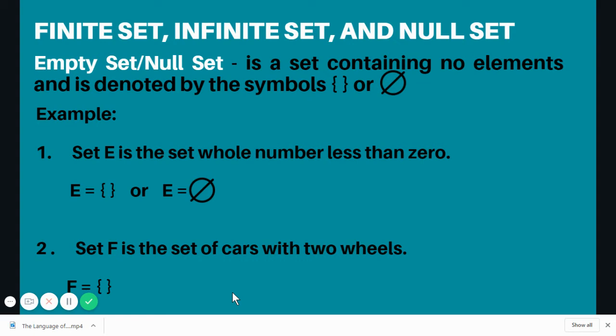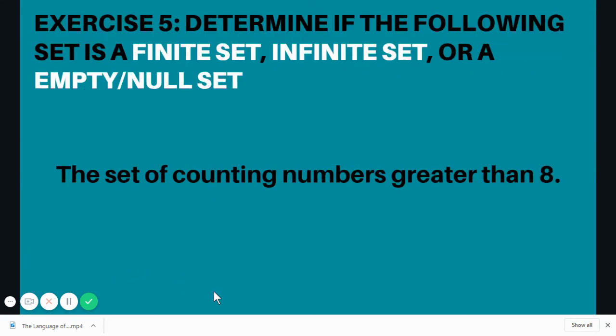Kasi ang car, meron siyang apat na gulong. So, ibig sabihin, imposible itong hinihinging elements ng set F. Okay? So, that is the empty set. Wala tayong maibigay or imposible nating maibigay yung element ng isang set.